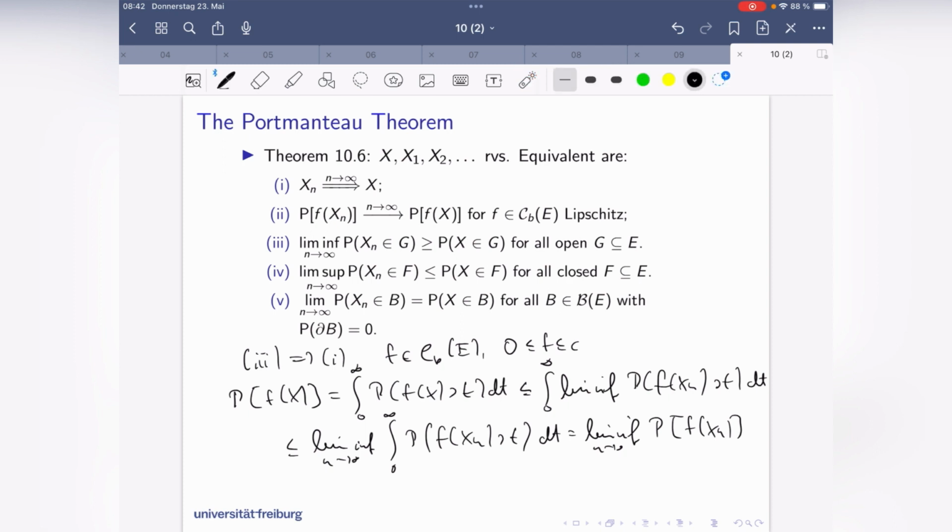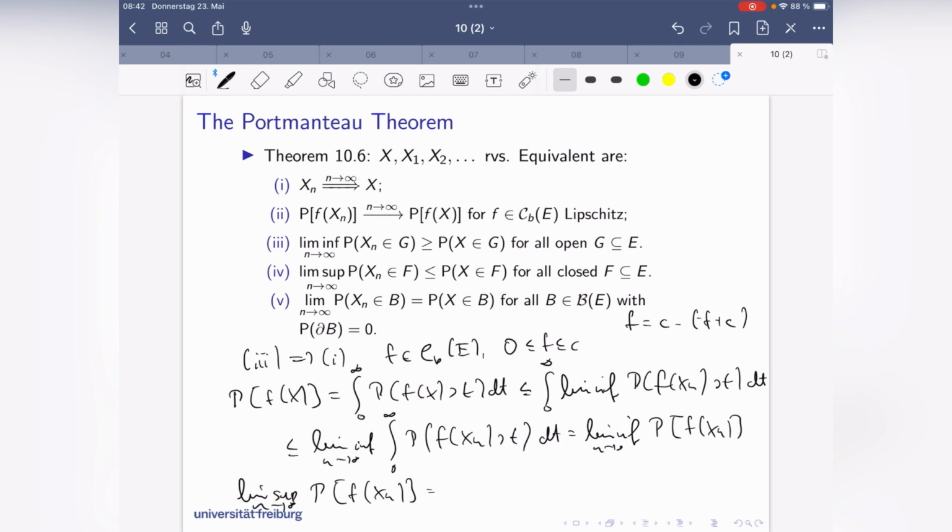But for the lim sup, I can make a trick and use my result I just proved. Lim sup n goes to infinity, pi f of xn. I can write f equals c minus, minus f plus c, like this.